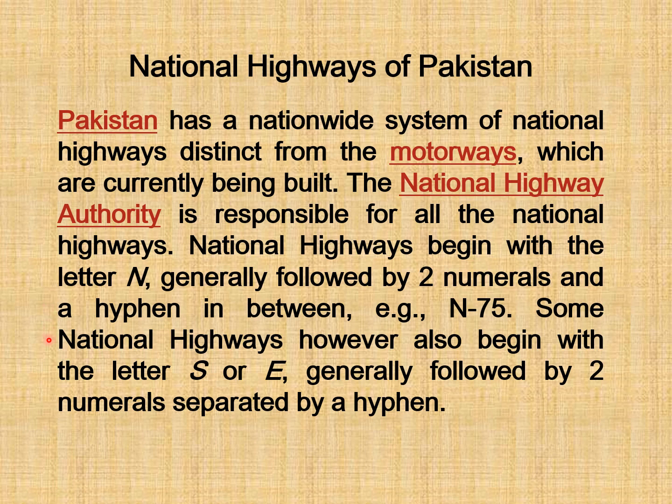Some national highways, however, also begin with the letter S or E, generally followed by two numerals separated by a hyphen. While N stands for National Highway, S is meant for strategic highway, and E is meant for expressway.